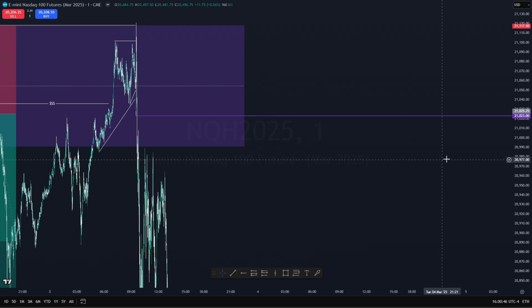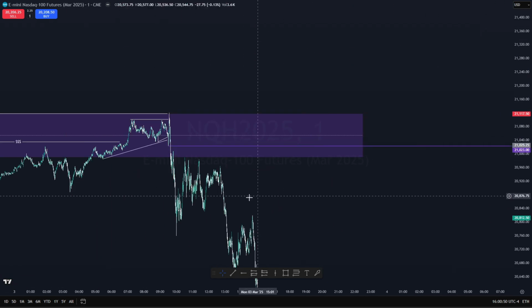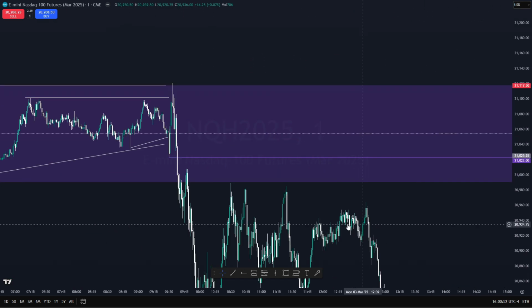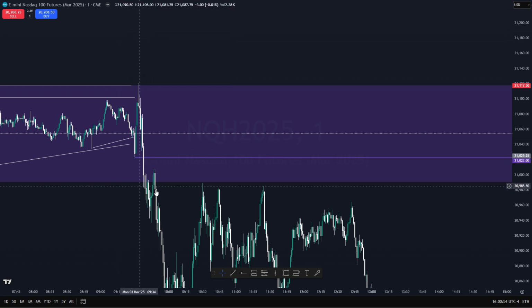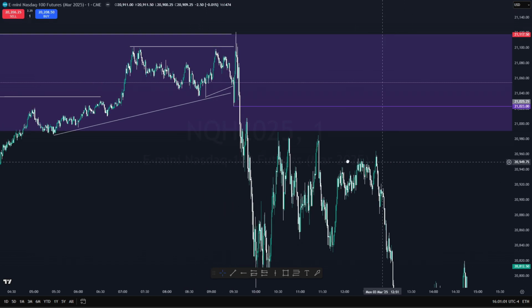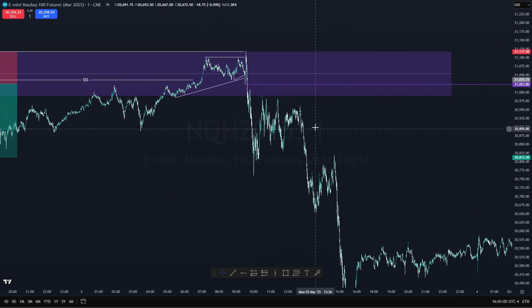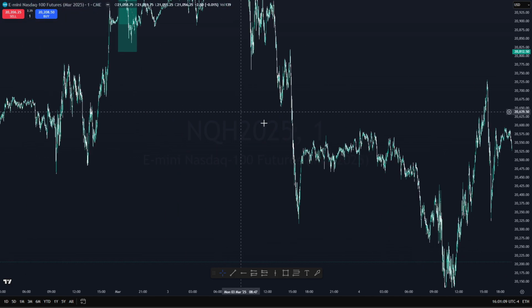Let's see if we tap this one. No, we haven't. So that's one to keep an eye out for, because we don't ever get a tap back into it. So that's an untapped order block above all of this liquidity. So that's probably a target to look out for once the bull move starts.